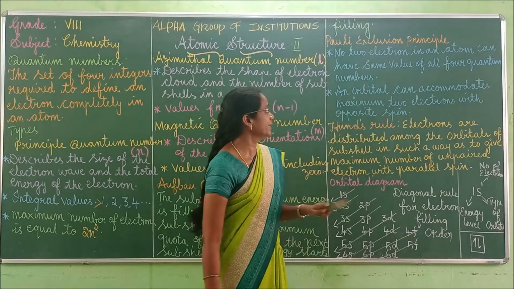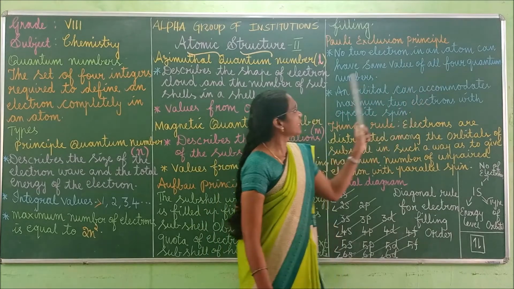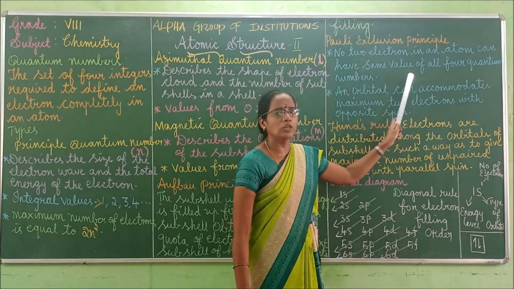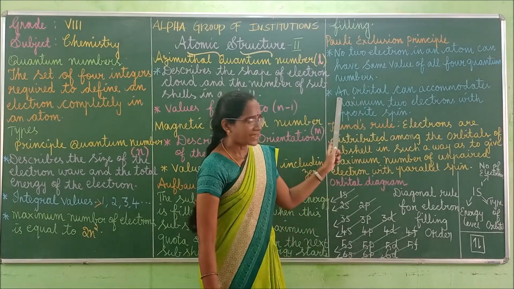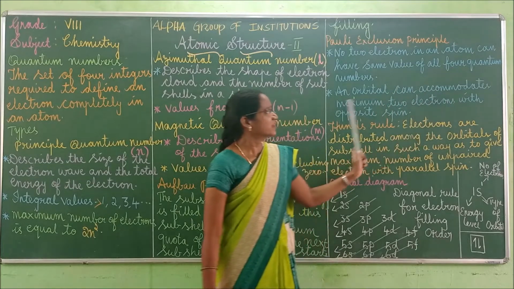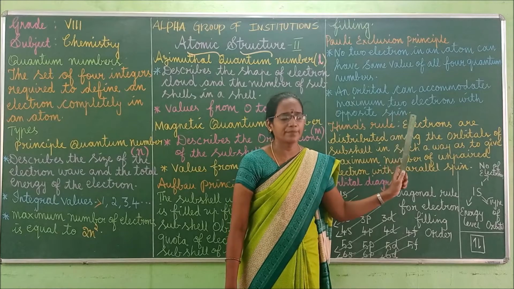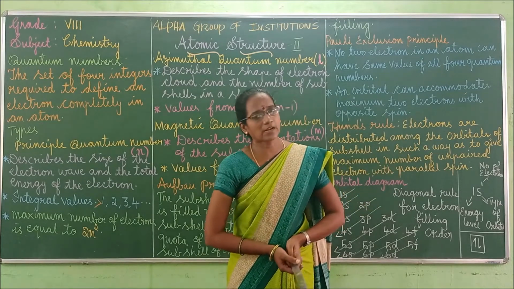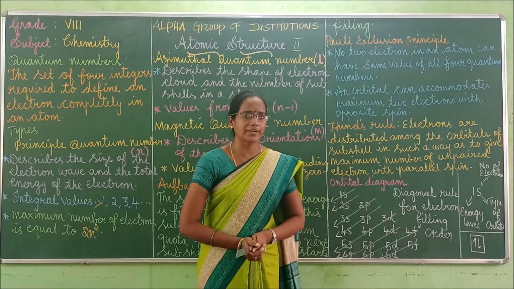I repeat again: no 2 electrons in an atom can have the same value of all 4 quantum numbers. Second, an orbital can accommodate maximum 2 electrons with opposite spin.